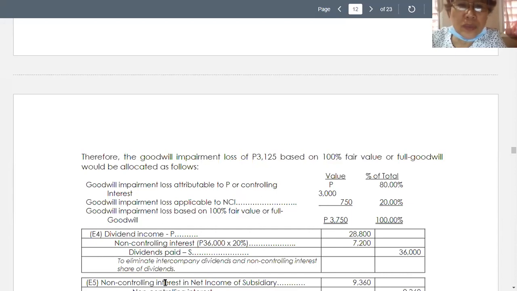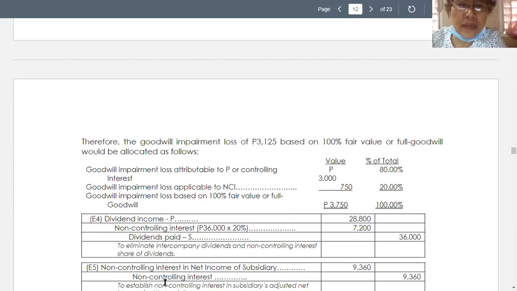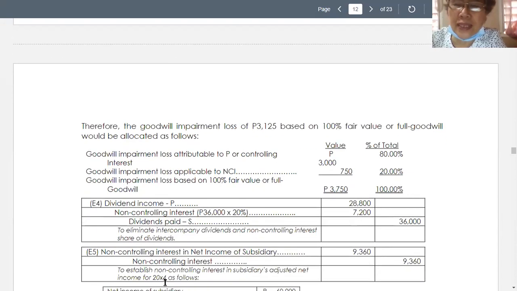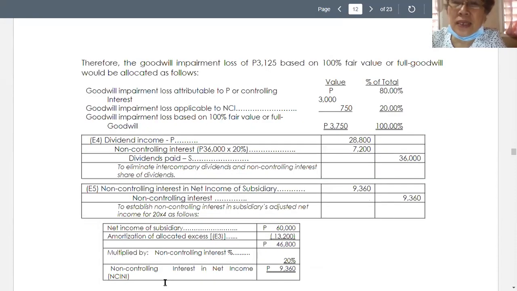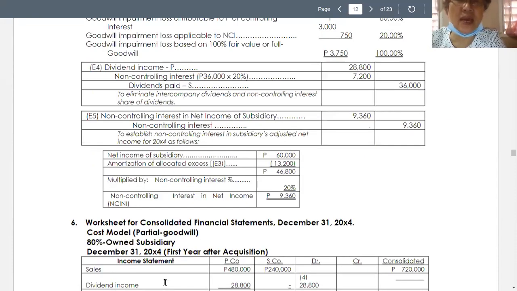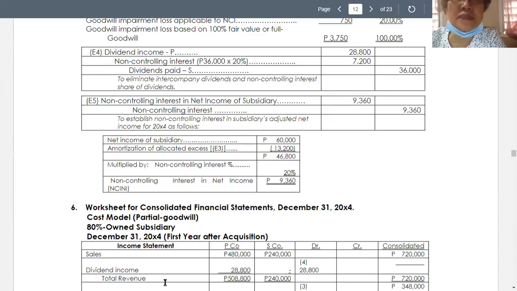To close, we now debit dividend income 28,800 for the dividends received from subsidiary. We also debit non-controlling interest 7,200 and we credit dividends in the books of S for 36,000.